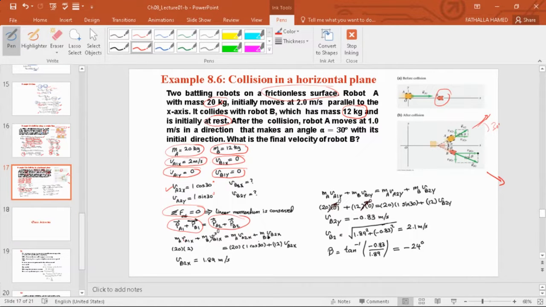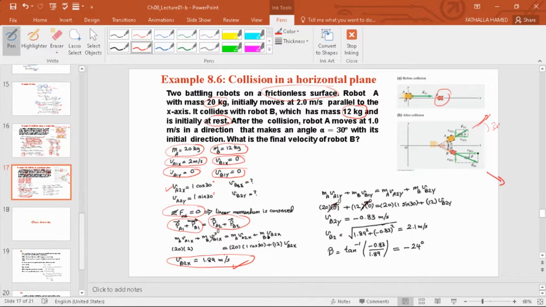So it is MA VA1x plus MB VB1x, and you know that it's equal to 0 for B, equals MA VA2x plus MB VB2x. So 20 times 2, that's 40, equals 20 times 1 cosine 30 plus 12 VB2x. And the VB2x here comes as 1.89 meters per second. So you calculate the x component of the velocity of B after the collision.